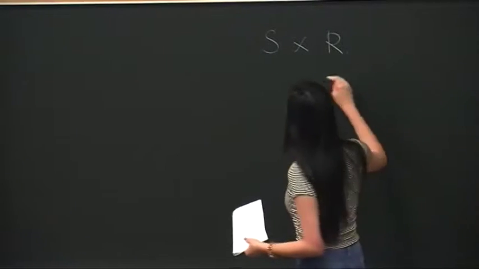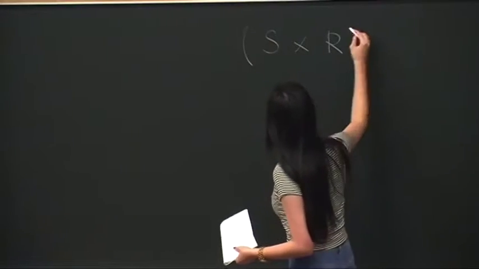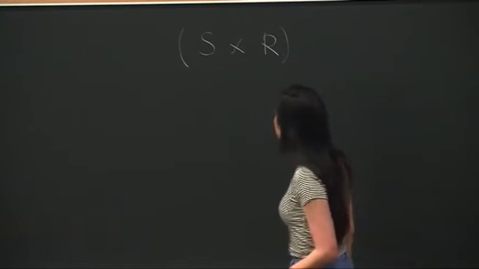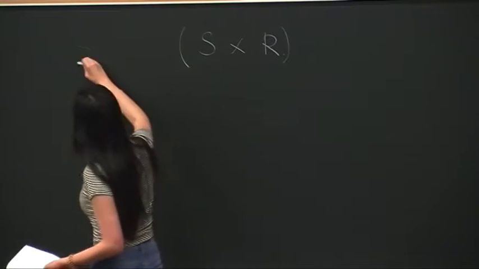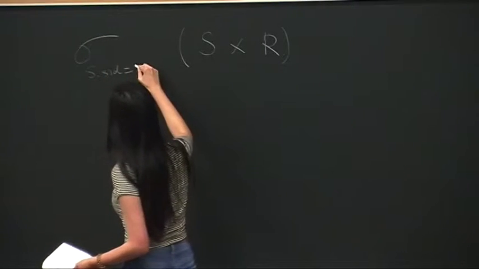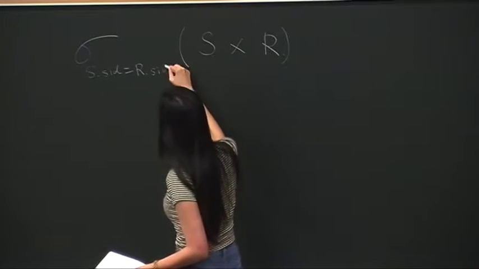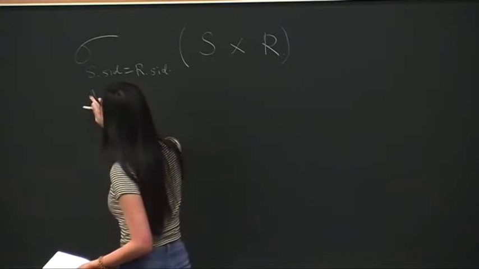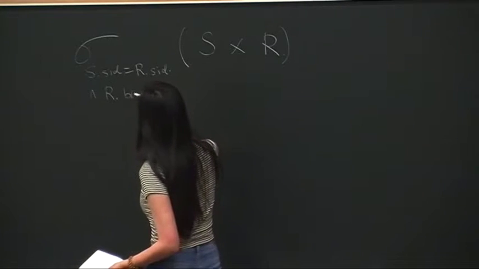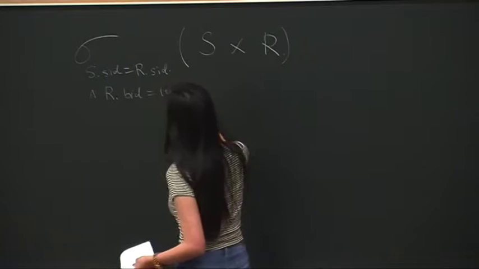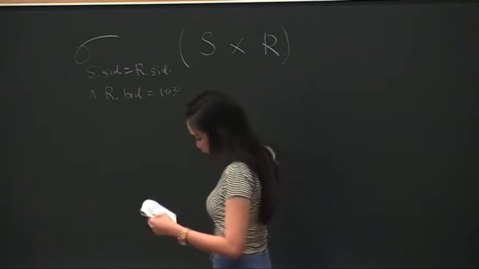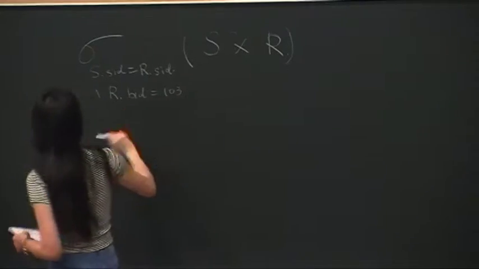For now, let's just directly take a cross product of it, and we take a selection where the SID is equal to the RSID, and the boat being reserved has ID 103. Remember that, right? This is what we would do in relational algebra. And eventually, we get the names from sailors.